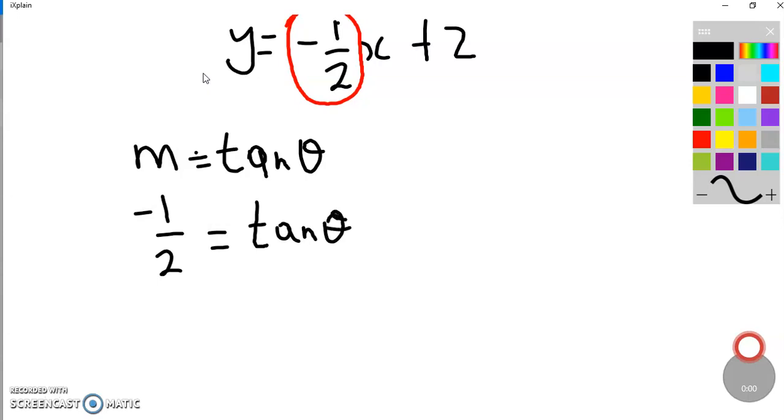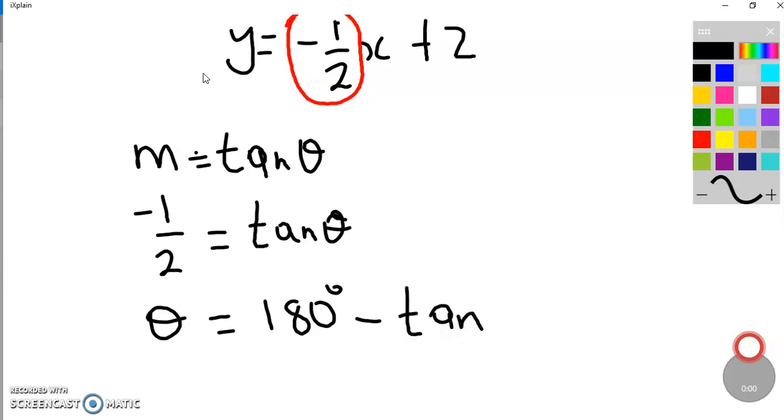To find theta in this case, we take arctan of both sides, find the angle that is negative, then add 180 to that angle to find theta. So theta in this case will be 180 degrees minus arctan of positive half. If you put an angle here to tan, you neglect the negative sign, so we're going to put positive half.